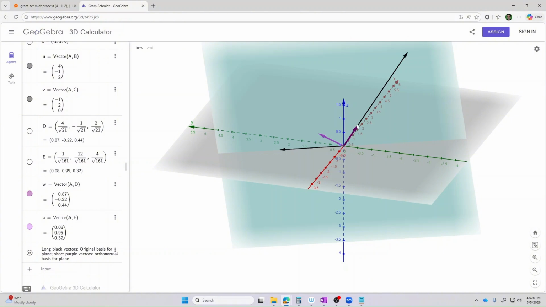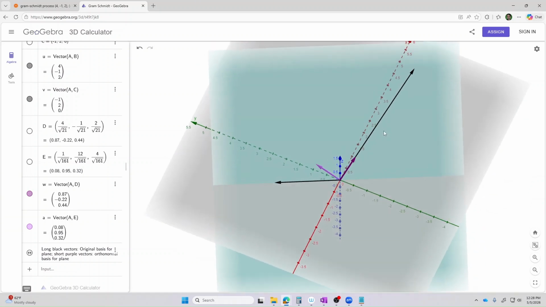And then this purple vector off here to the side is the vector u2 that we calculated, by taking v2, deleting the portion that was parallel to u1, and then rescaling the result so that it had a length of 1 unit.